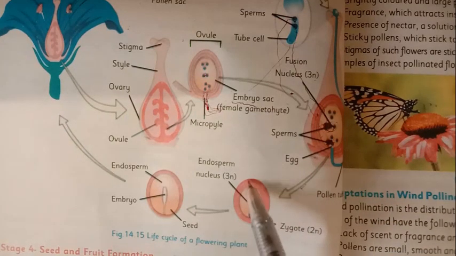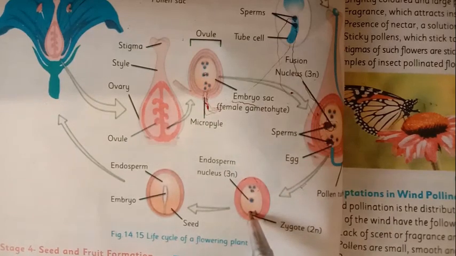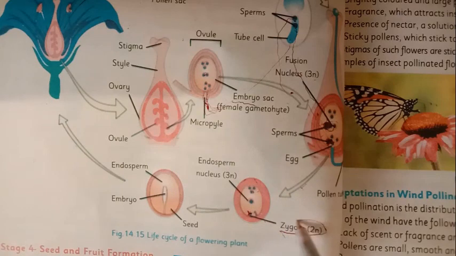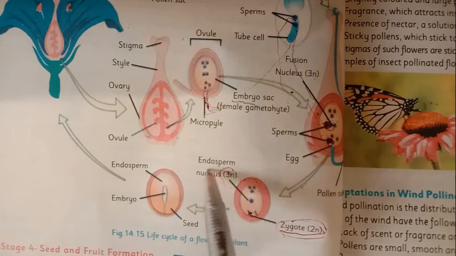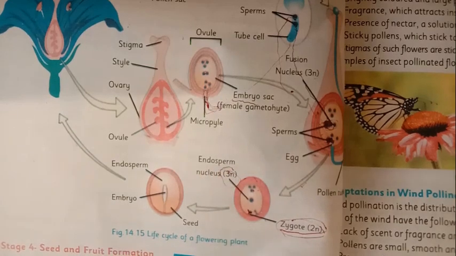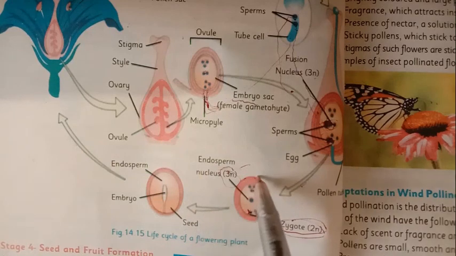So after fertilization, this structure will develop. This is the zygote containing a double number of chromosomes, and the 3n represents the endosperm. It contains a triple set of chromosomes. And this is the immature ovule.